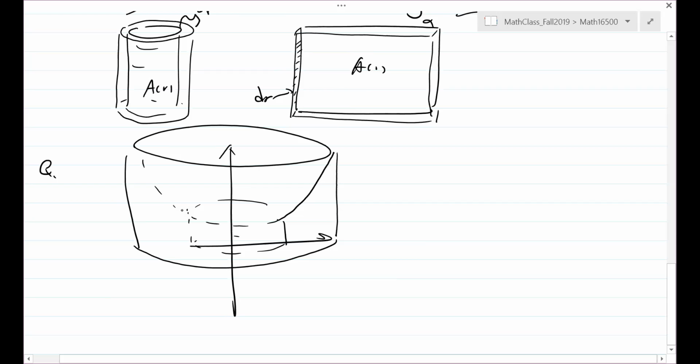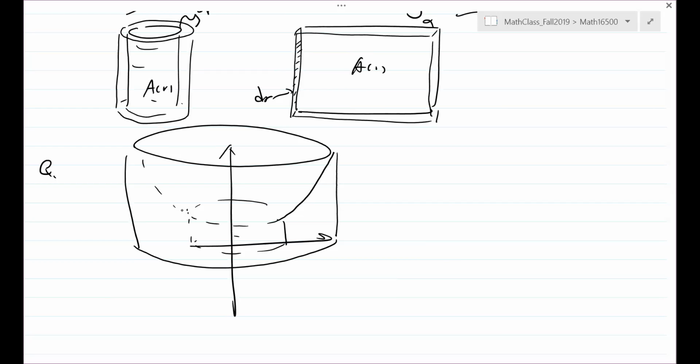Instead of cutting it into discs with a flat knife, the original was cutting like that: slice, slice, slice. The cross section area is denoted by A(y) because it depends on the value you choose. You choose a point y and you get a slice, choose another point, you get another slice.